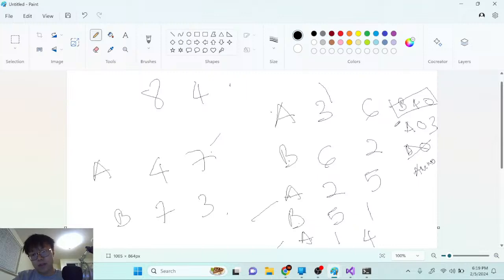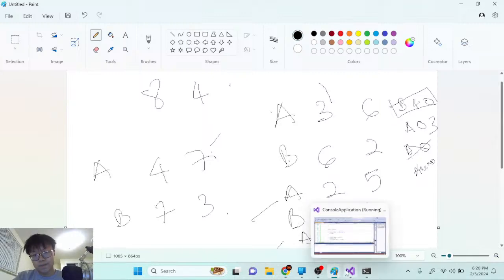So Alice's turn, it should be 0-3. So if we subtract by it, -4 on both sides, we get 4-0. That's the end of Bob's turn.